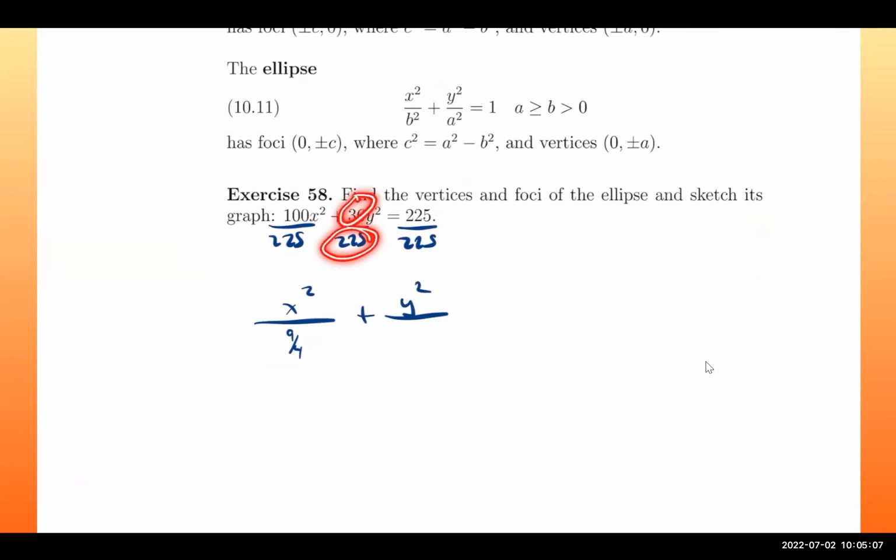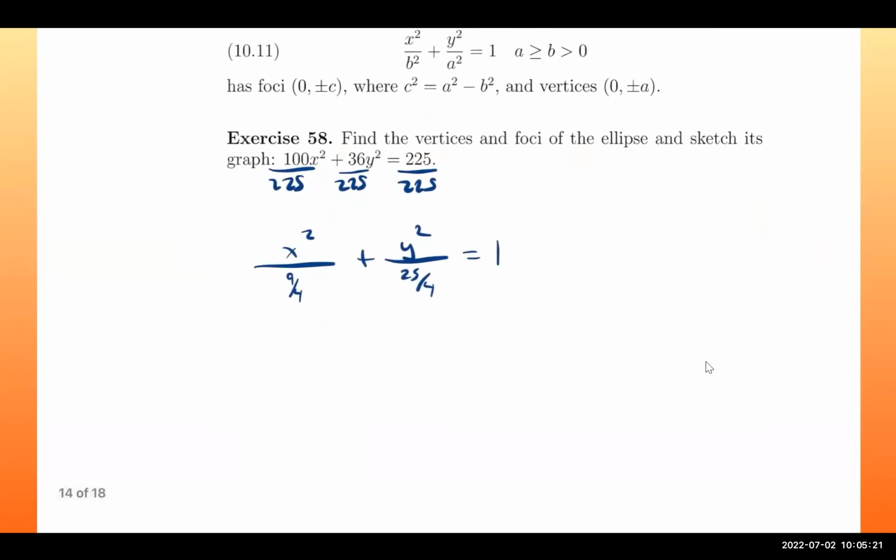And then the next one is going to be y squared over, you can simplify 225 into 36 as well, and you should get 25/4. So x squared over 9/4 plus y squared over 25/4 equals 1.